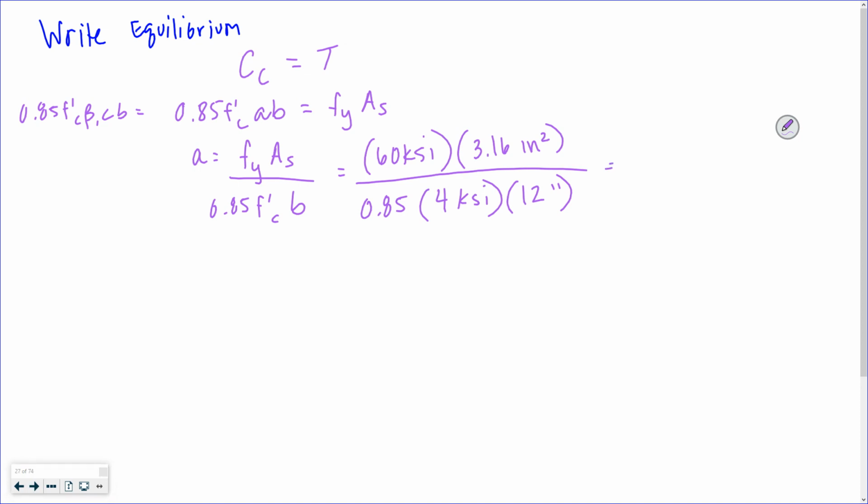So the depth of my stress block is 4.65 inches.